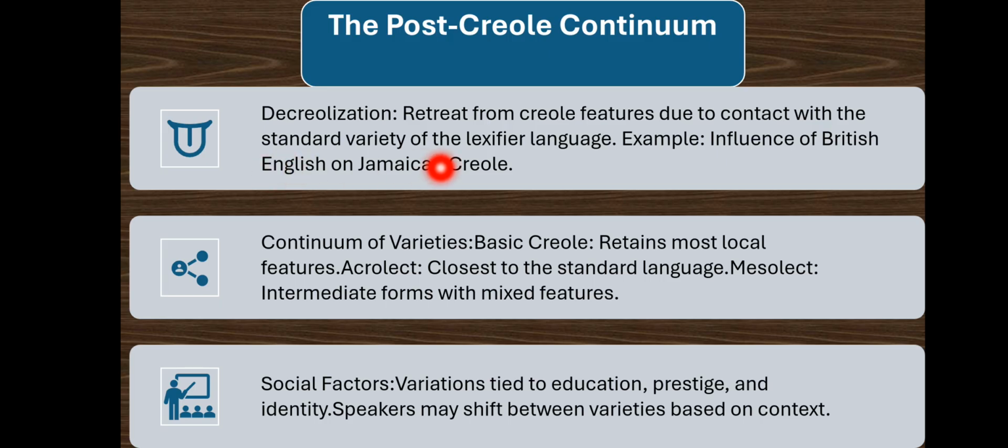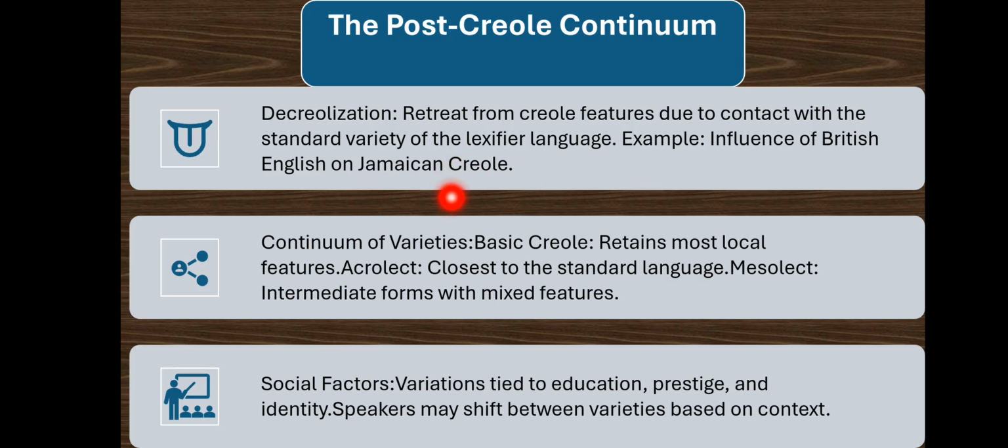For example, the influence of British English on Jamaican Creole. The language is Jamaican Creole, but it has the influence of British English, Standard English, or the lexifier language.